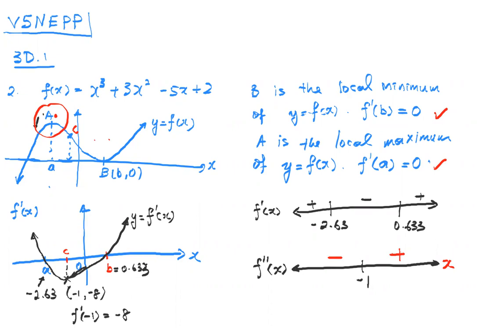Then how am I going to get it algebraically? That is the reason why in part A, they ask you to find f prime x and f double prime x. So now I want to talk about it algebraically. After I have done part B using the help of my graphic calculator, for part C of this question, they say find the coordinates of the inflection point.